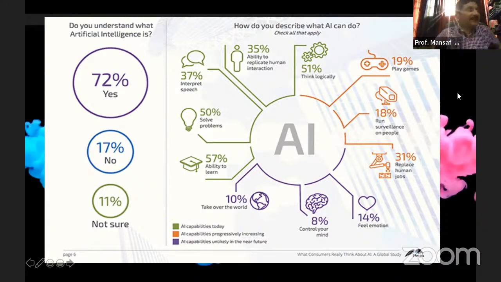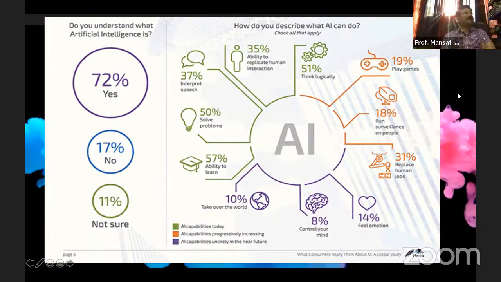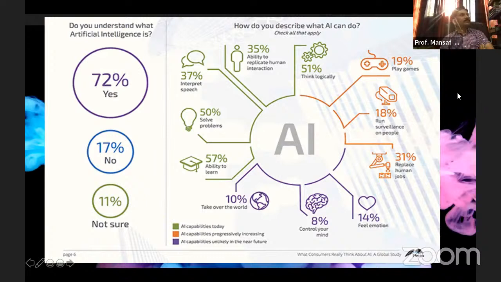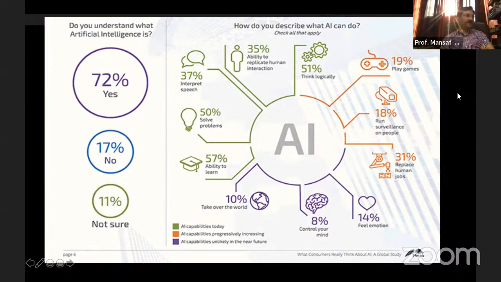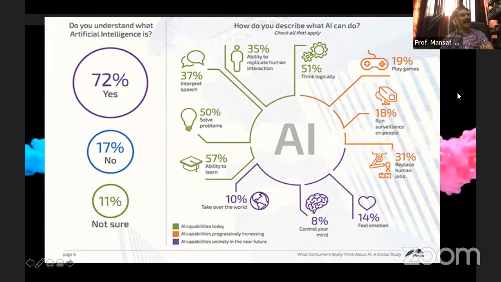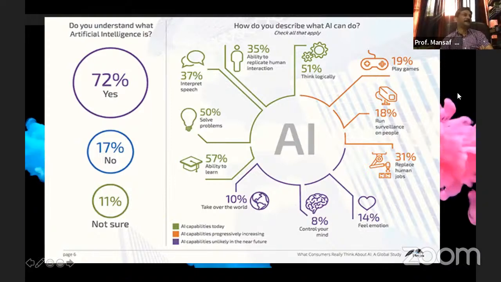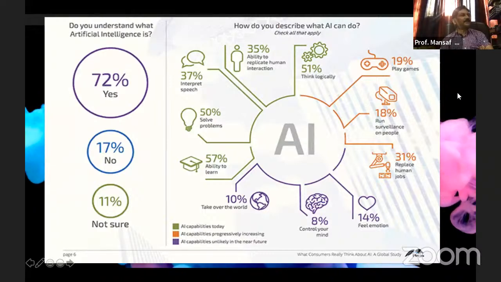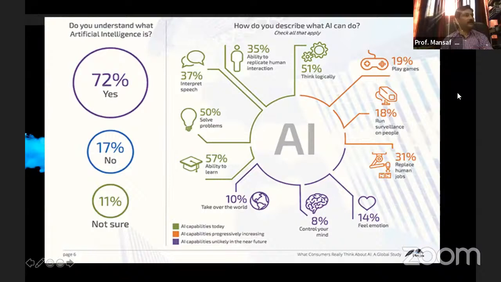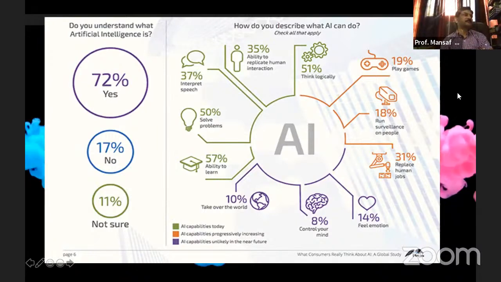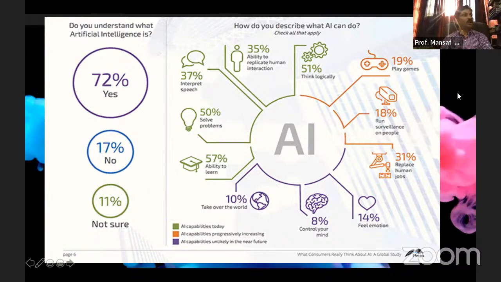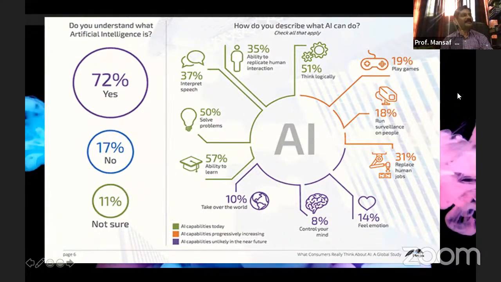Some people are saying you can use the concept of artificial intelligence in machines. Can you give emotion to the machine? In the coming future, yes, 14% could feel emotion. Machines can also feel emotions as human beings do. So what will happen in the coming future?